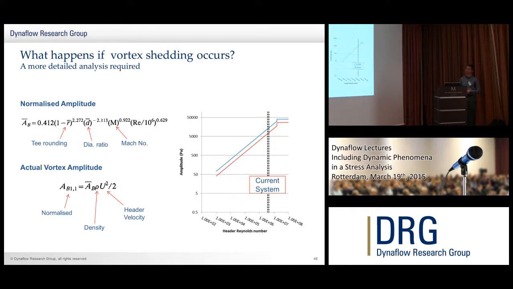A typical Reynolds number for a gas system is around, on a logarithmic scale, 3 million, and we can expect a pressure of around 10 kilopascal.